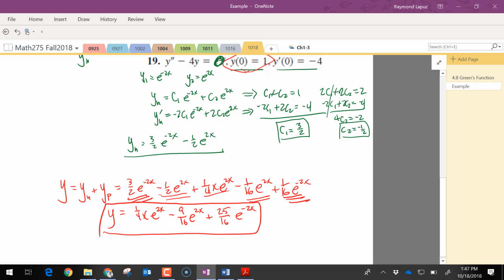Any questions? Of course, you're just going to print out the notes and look at them and understand them. I'd like to do another one, but you know, this one took us like 45 minutes.